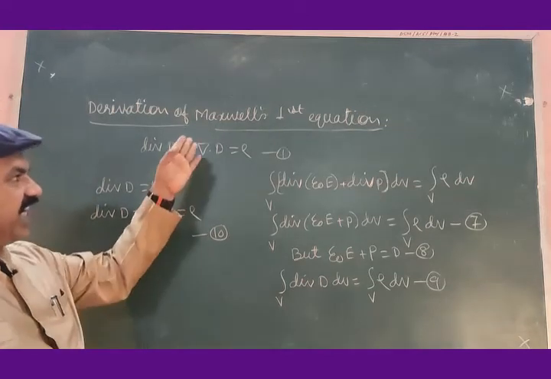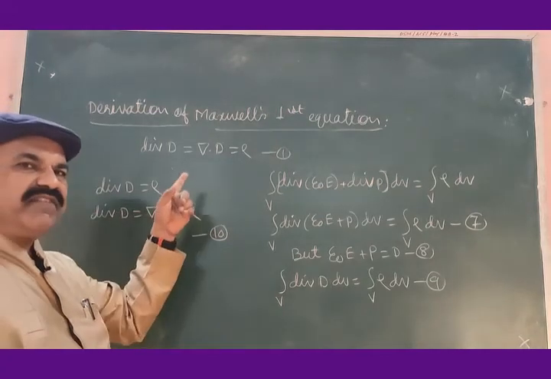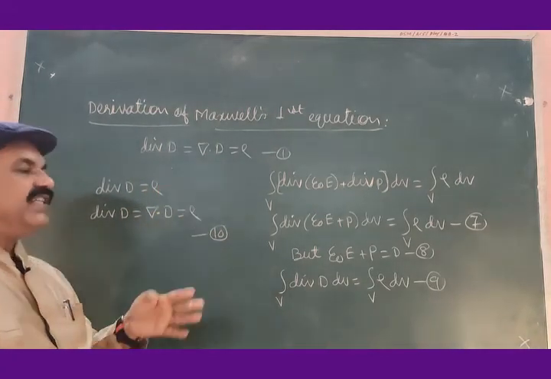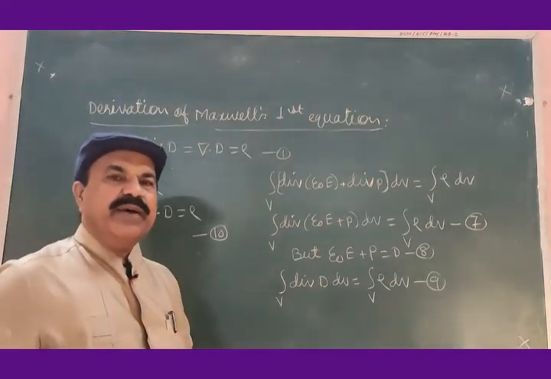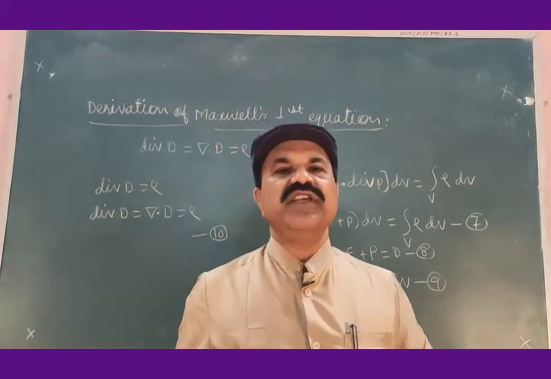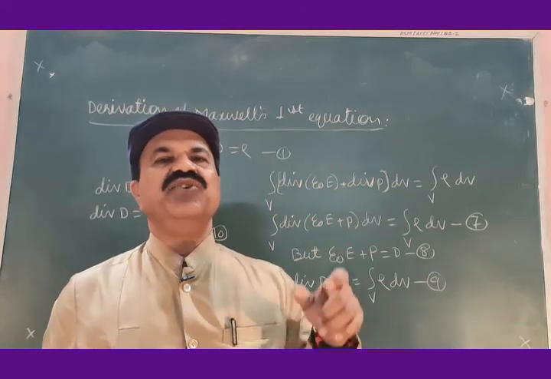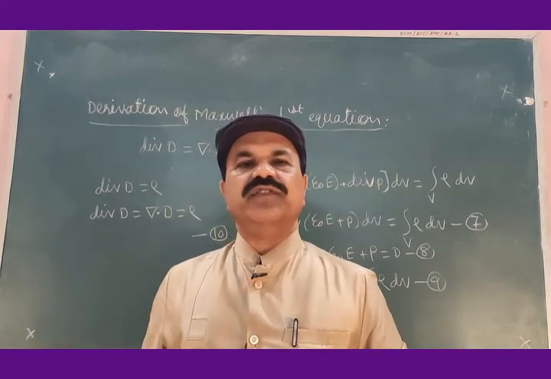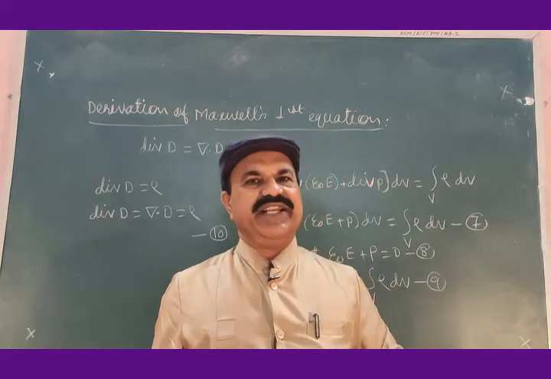Compare equation 10 with equation 1. You will find that equations 1 and 10 are the same. That is, equation 10 is Maxwell's first equation, which is the differential form of Gauss law in electrostatics. This is the derivation of Maxwell's first equation in electromagnetism.